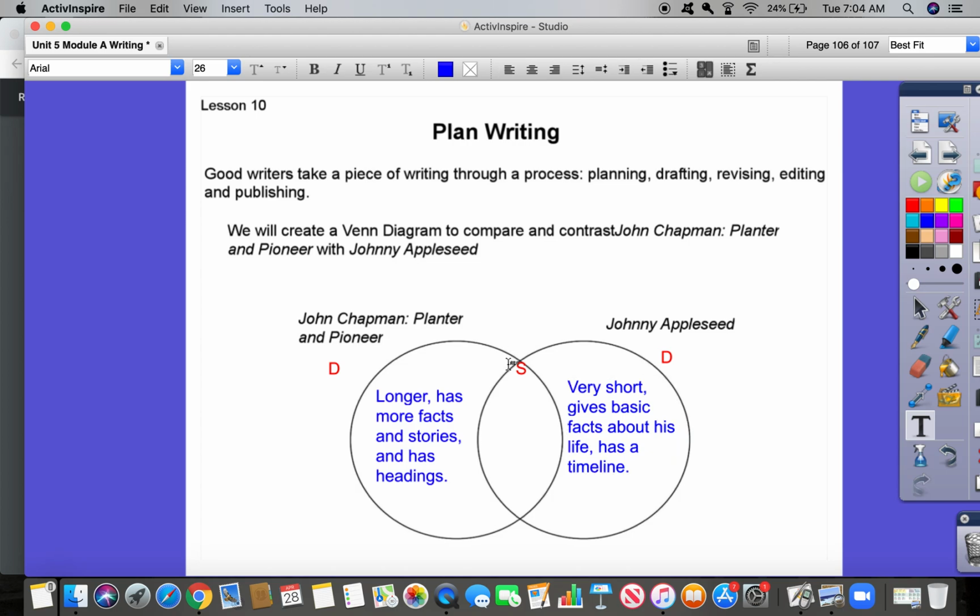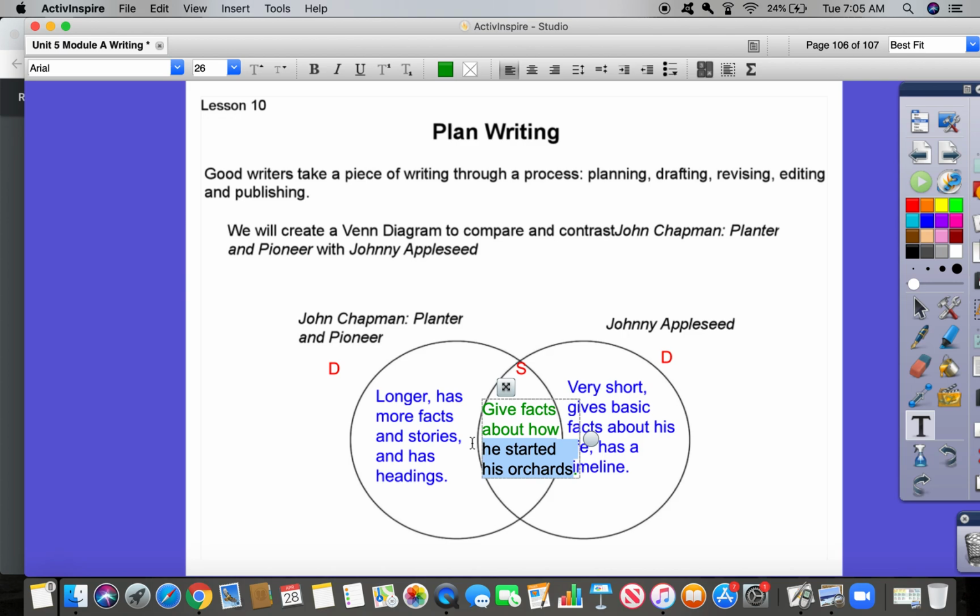Now I'm going to talk about how they are the same. So both of these stories, okay, maybe I'll choose a different color to show how they're the same, give facts about how he started his orchards.